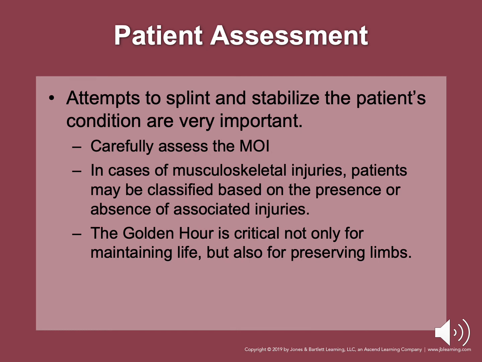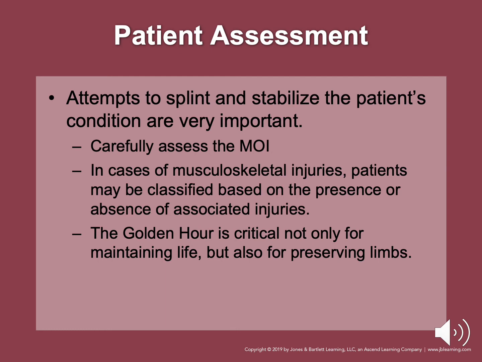All right, so if you have a life-threatening injury, take care of that. Then we'll take care of your musculoskeletal injuries next. If it's an isolated injury and there are no life-threatening injuries, you can go ahead and take care of that isolated musculoskeletal injury first.